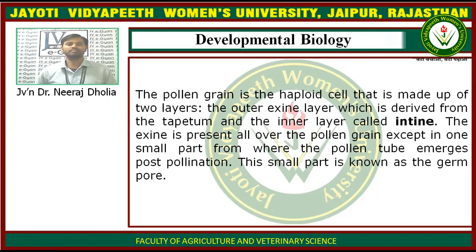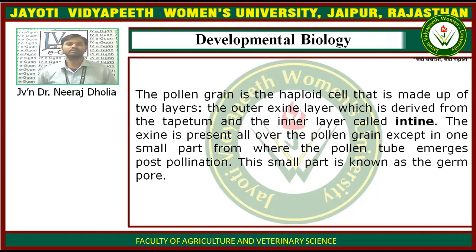Basically, the pollen grain has two layers, one internal layer known as the intine and one external layer known as the exine. The exine layer covers the whole pollen grain, but there is a specific space which does not have the outer layer or exine.